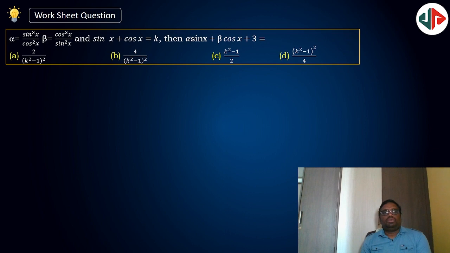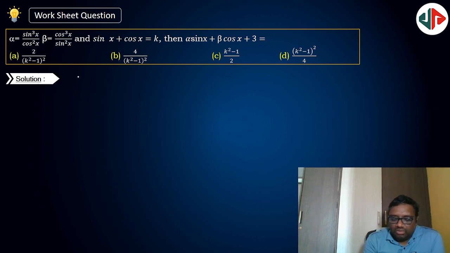If alpha is equal to sin^3 x by cos^2 x, beta is equal to cos^3 x by sin^2 x, and sin x plus cos x is equal to k, then alpha times sin x plus beta times cos x plus 3 is equal to how much? First of all, sin x plus cos x is equal to k.